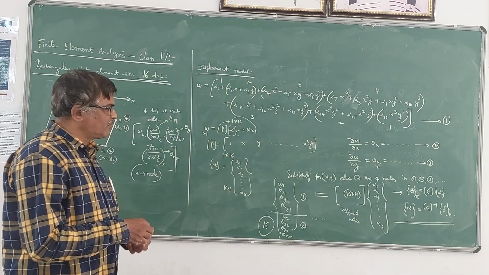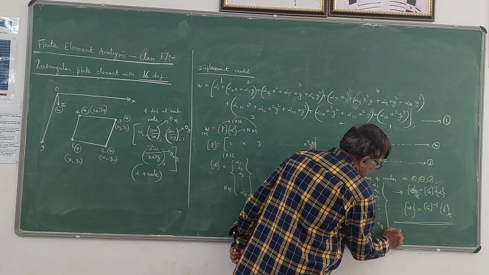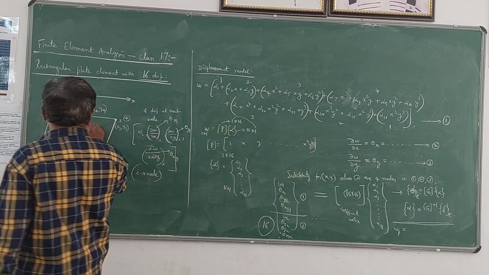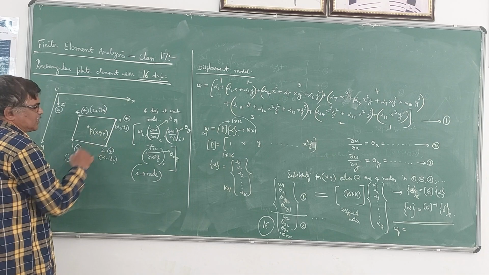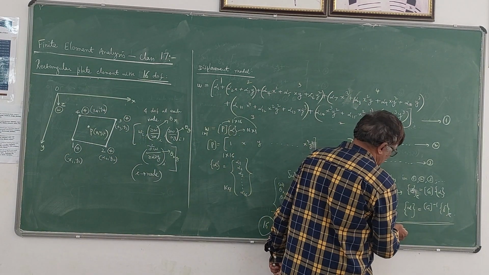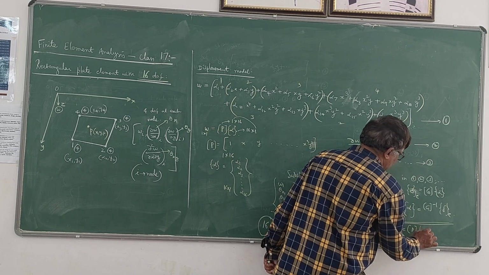Then afterwards, after getting this alpha matrix, we can find out the displacement at any point P within the element. So here, similar to the last one, P is x, y, z. So within the element, by putting the values of x, y, z, at any point P, you can find out W using this P into alpha.